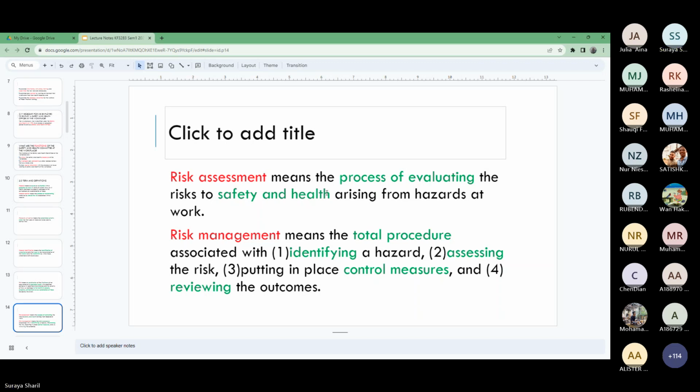Another term is risk management, meaning the total procedure associated with identifying hazards, assessing the risk, putting in place control measures, and reviewing the outcomes. As you can see, in risk management the total procedure has four important aspects here: identifying, assessing, control measures, and also reviewing.